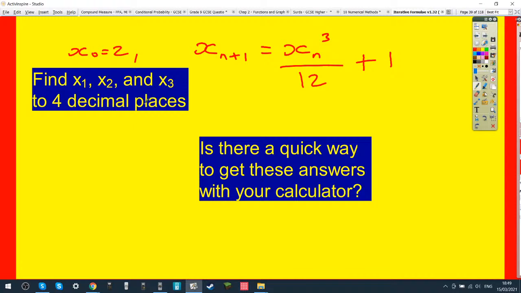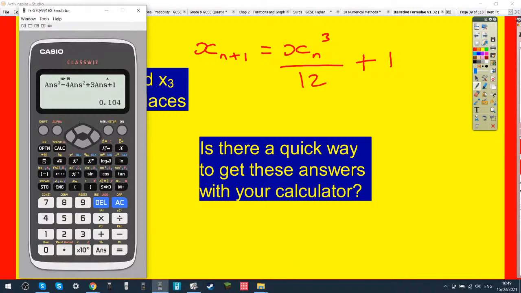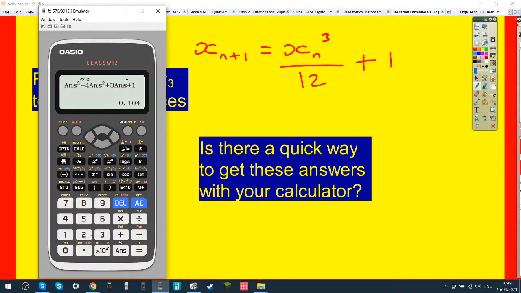And so what you can do is kind of skip to the end. The first one was 2, so just put 2 and save that as answer. Everywhere there's an xn, replace that with answer. So that's going to be answer cubed over 12 plus 1.